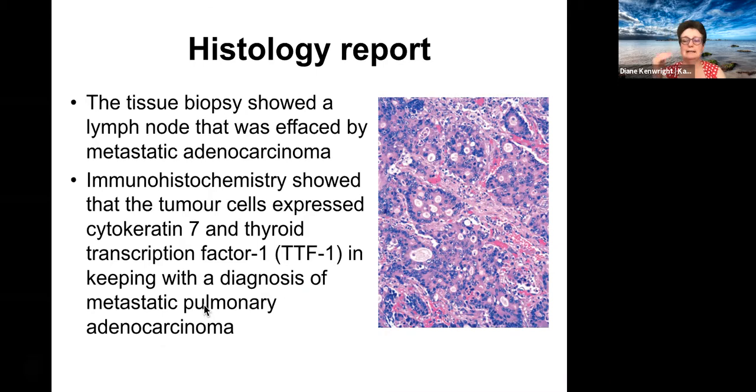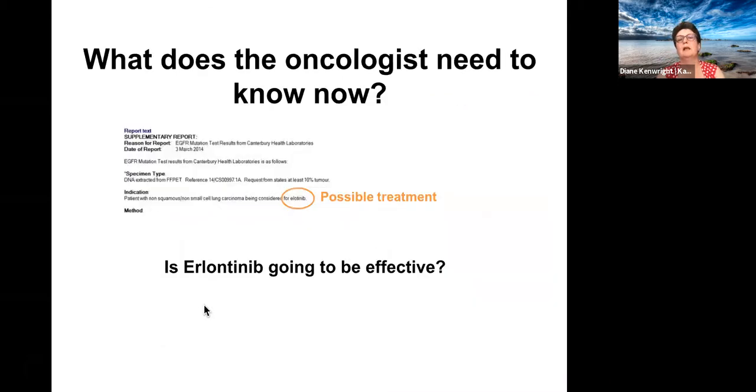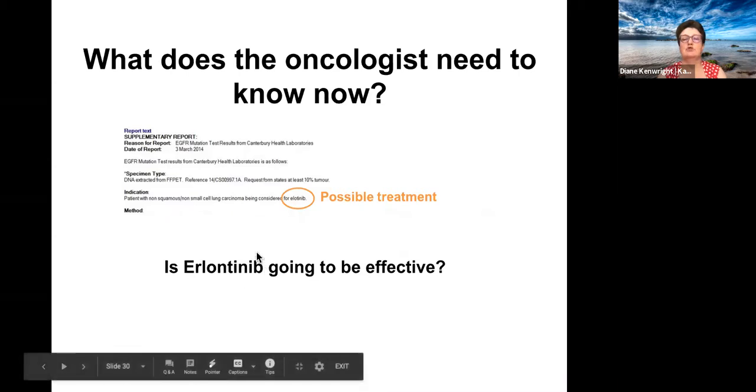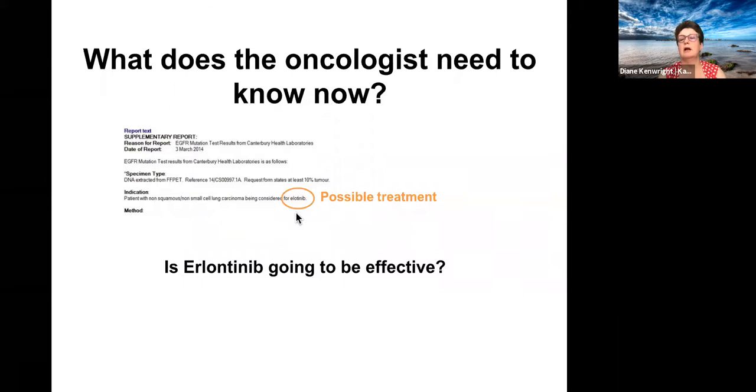And in this case, it was from the lung. So we know that lung cancers have a drug that is effective. So non-squamous cell carcinomas of the lung have a possible treatment. So we have a clear clinical indication for doing a test to find out whether a drug will be effective.